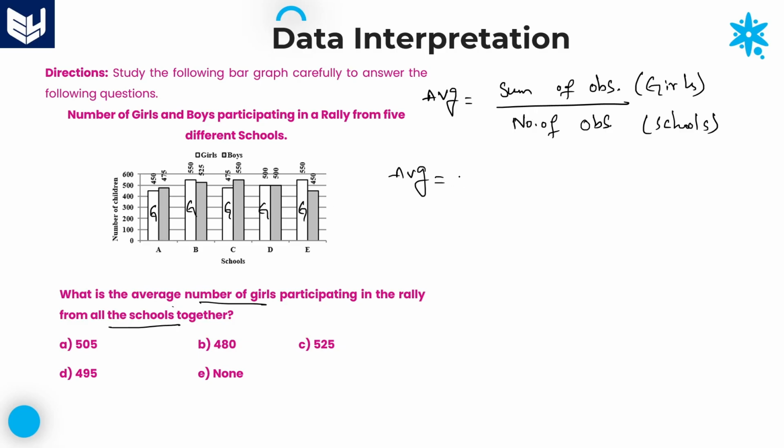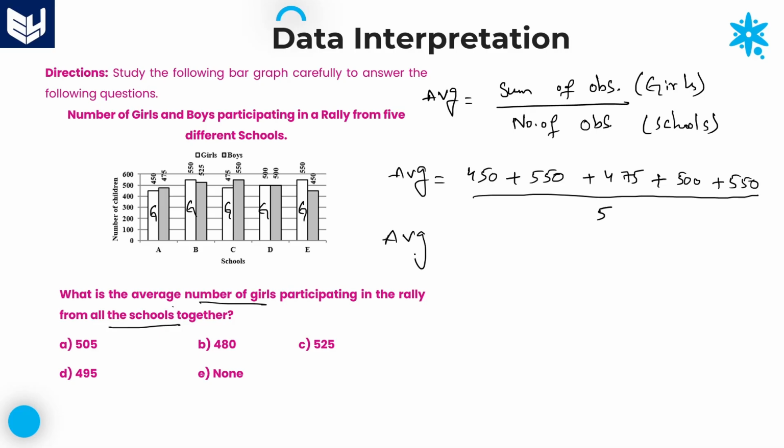In school A, number of girls 450, plus school B 550, plus school C 475, school D 500, school E 550. This is the total sum divided by the number of schools. How many schools are there? 5 schools.